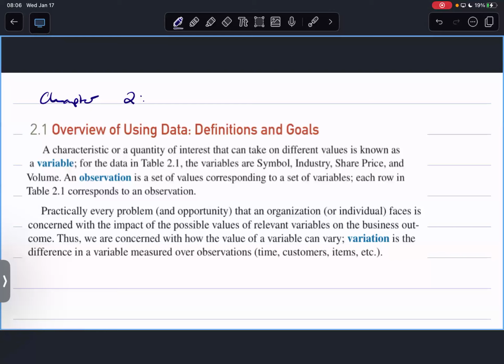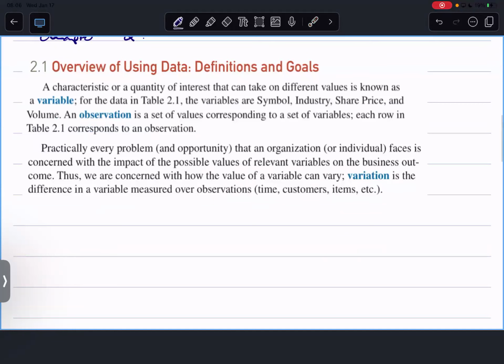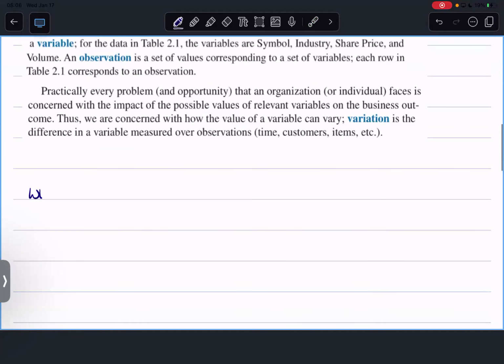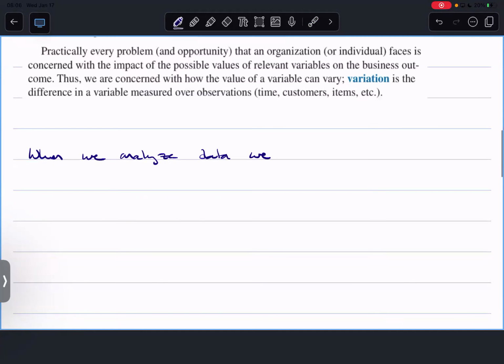What we're going to talk about are variables. And when we analyze data, we analyze variables.